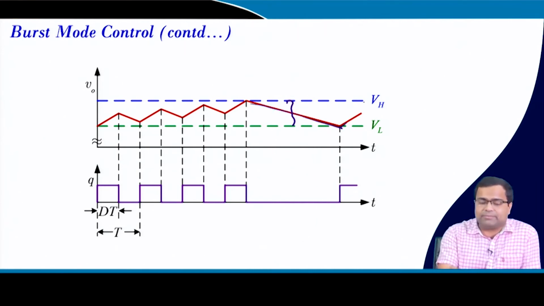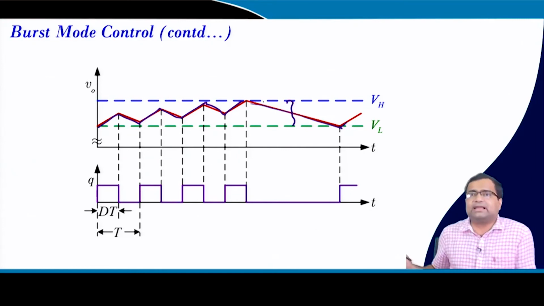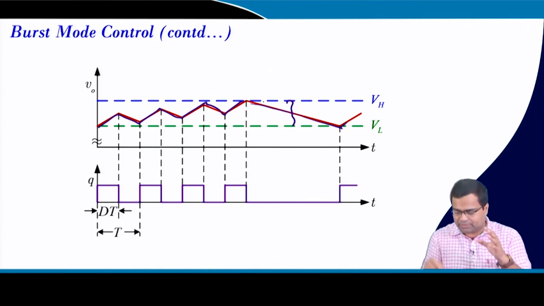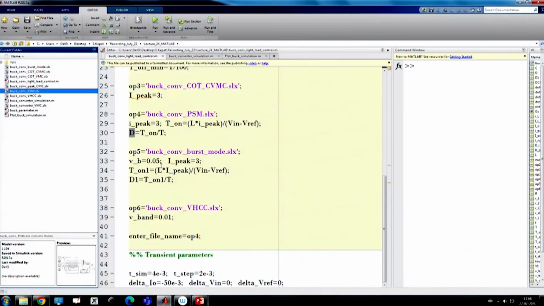When it hits the lower limit, it gives multiple PWM pulses until it hits the peak limit, and then again it goes down. This is called burst mode. So it is a combination of hysteretic control as well as PWM control.